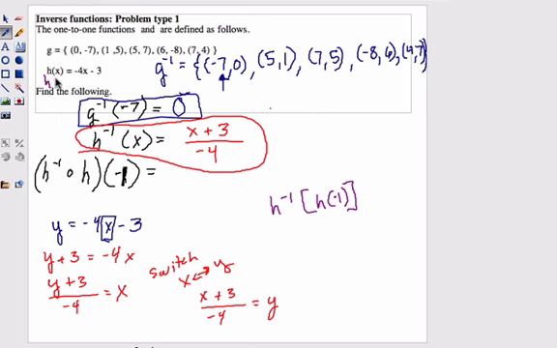So h of a negative 1 is equal to a negative 4 times a negative 1 minus 3. Negative 4 times a negative 1 is a positive 4. So this becomes 4 minus 3, which is a positive 1. So h of a negative 1 is a positive 1. When I input a negative 1, I get a positive 1 back.